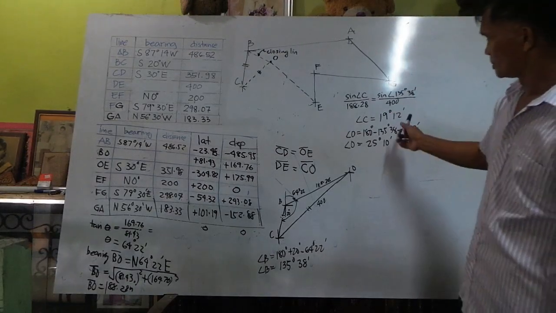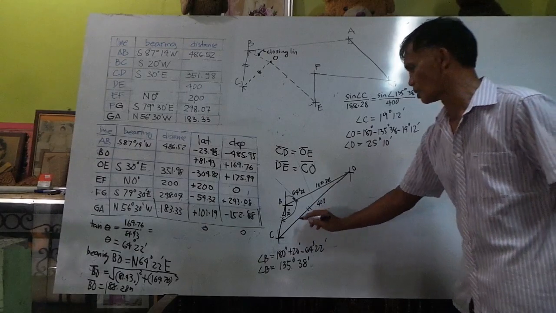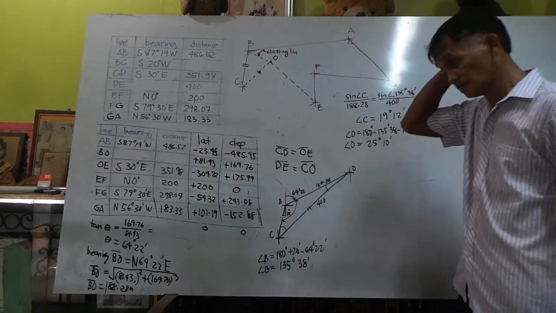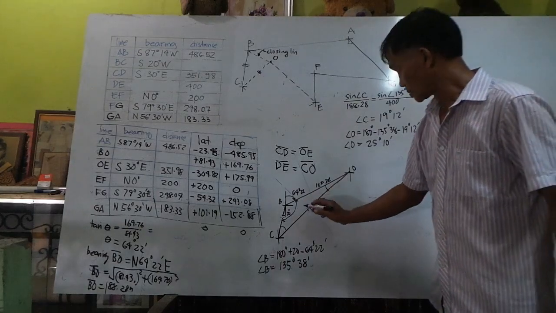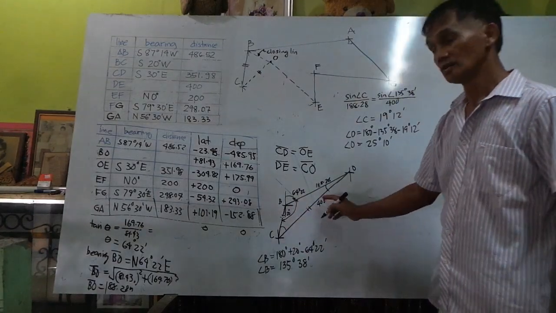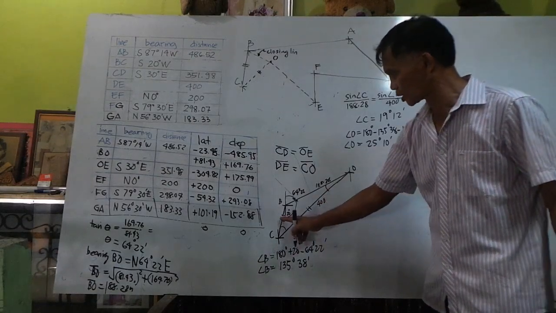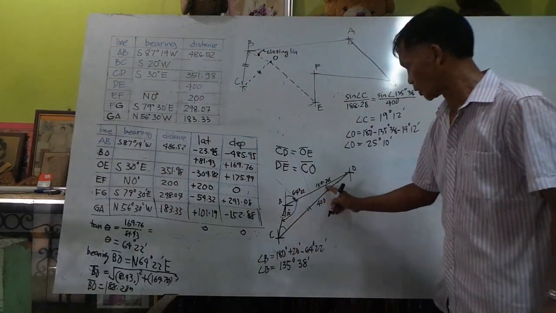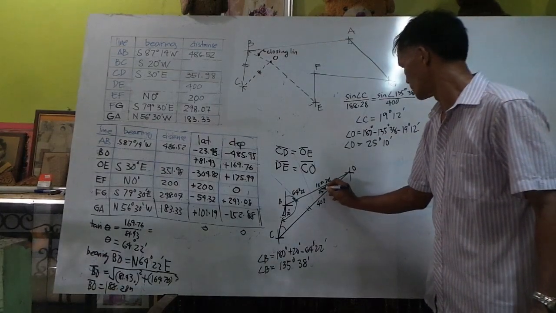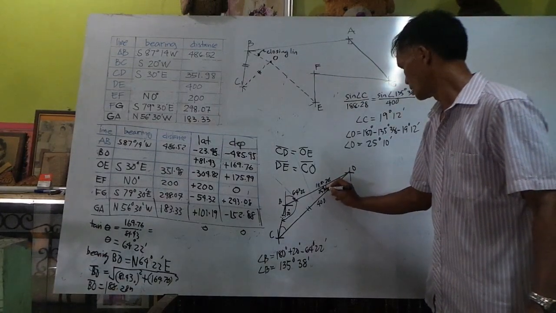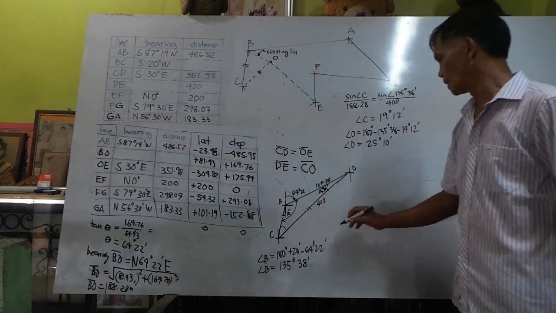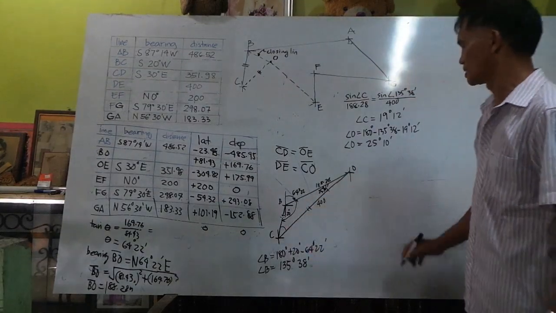Now that we have the interior angles, we can solve the length of BC, since it has an opposite angle of 25 degrees and 10 minutes.